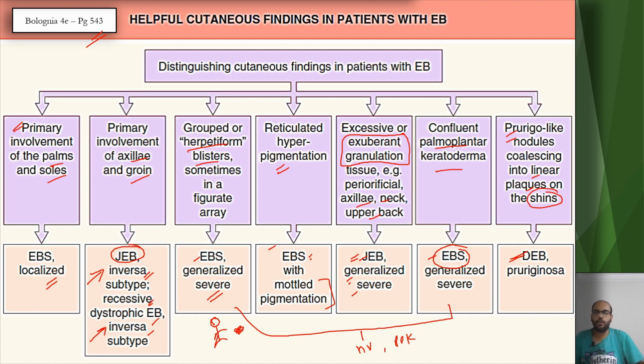So if you see that in an adolescent patient, you might consider dystrophic EB pruriginosa, at least in your list of differentials. So this flowchart will show you distinguishing cutaneous findings which can point you in some direction. Of course, you have to take into account, and I would very strongly suggest that you use the EB matrix to clinically make a diagnosis or at least a list of differentials while evaluating a case of EB in a child.